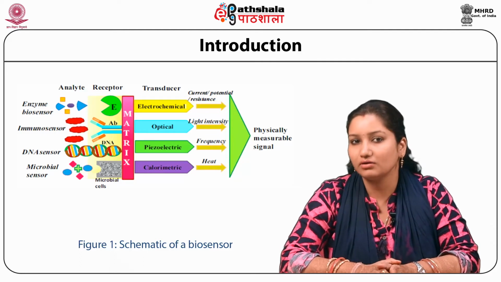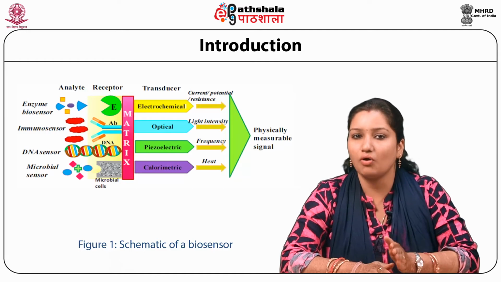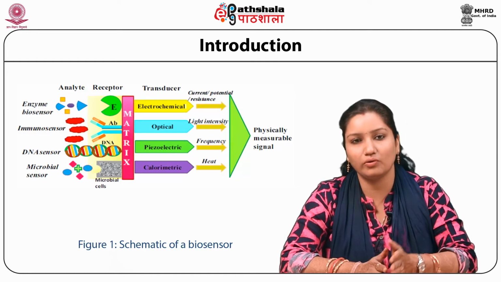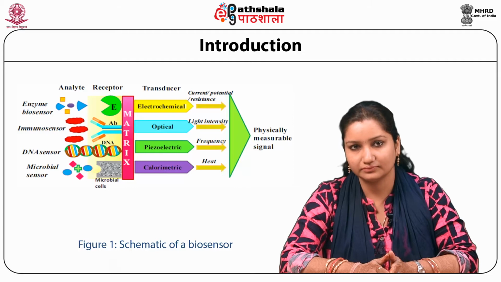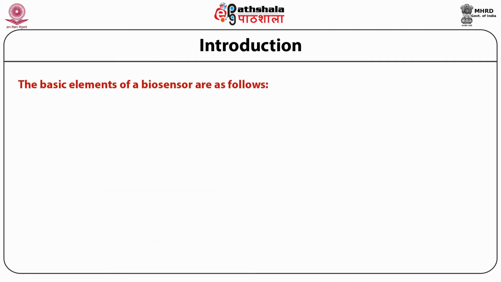The schematic of a biosensor with all these components is shown in the given figure. The basic elements of a biosensor are as follows: the receptor, second is the matrix, and third is the transducer. So let us study in detail the basic elements of a biosensor one by one.